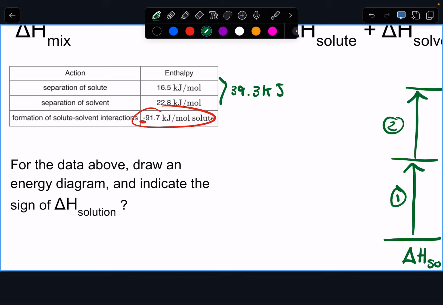As long as we include the negative, we would just add 39.3 plus negative 91.7. It is kind of like we're subtracting, but we're just doing it by adding a negative. Those are the same thing. So that means that the overall change in enthalpy is exothermic. So that is favorable, and it's 52.4 kilojoules favorable.